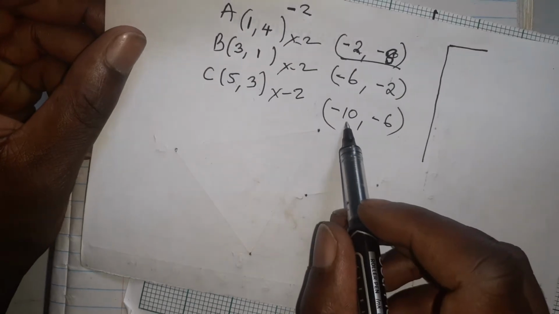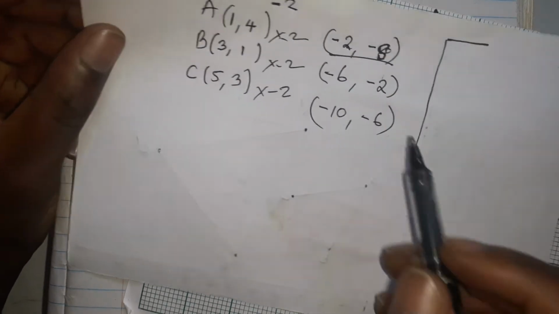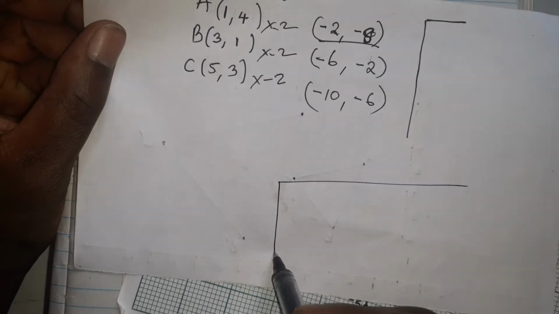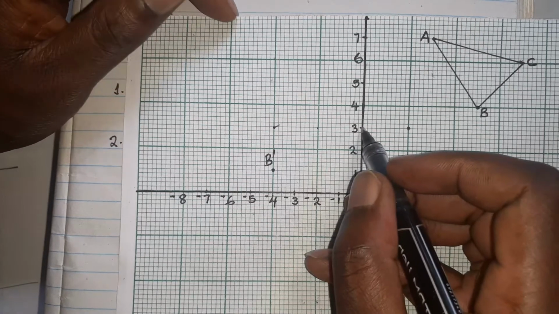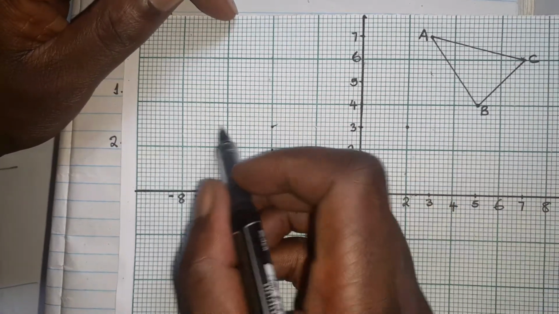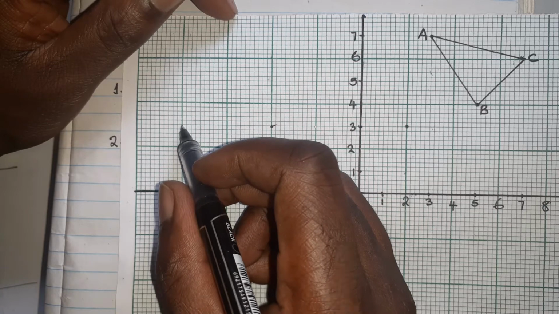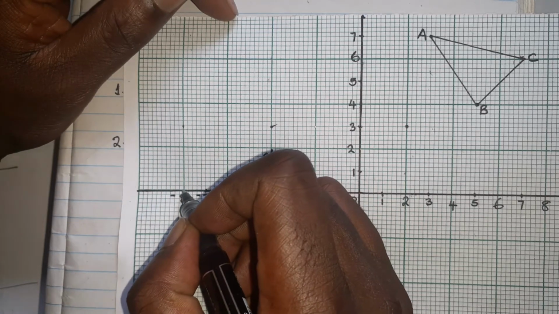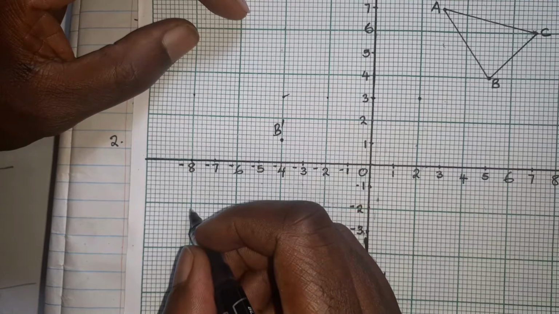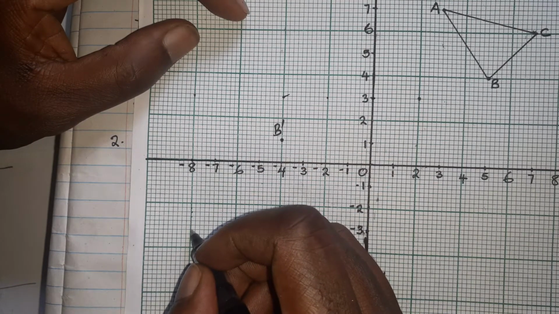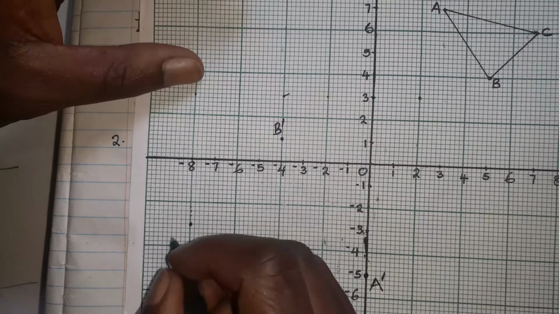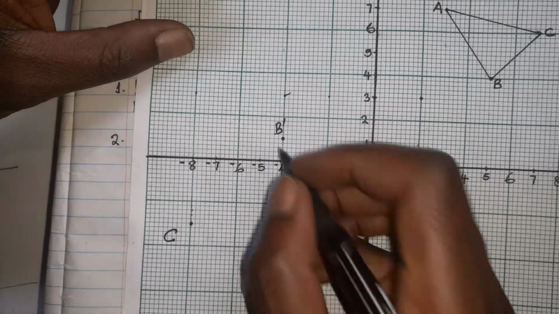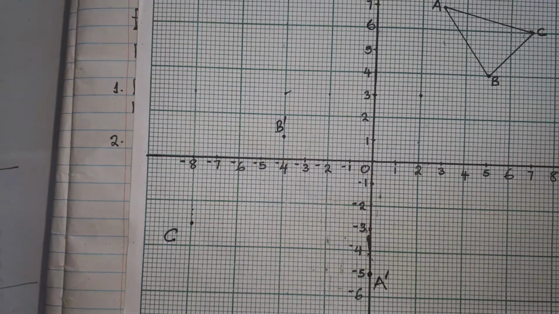Then the last one is 10, comma, -6. So it means 10 steps and 6 steps downwards. So we have 2, 6 here, and then 10 is here. Then we come down by how many steps? 6 steps. So this is where we're going to have our C. All right.